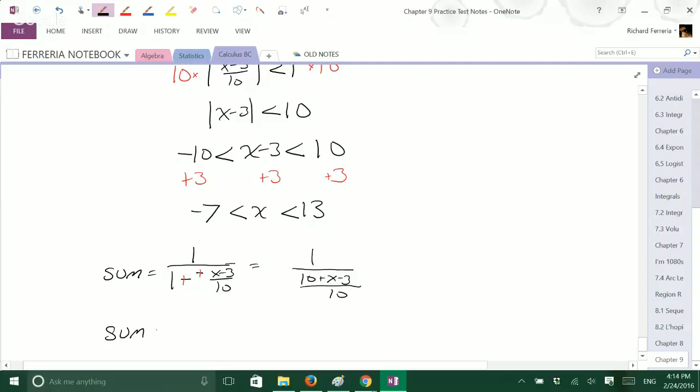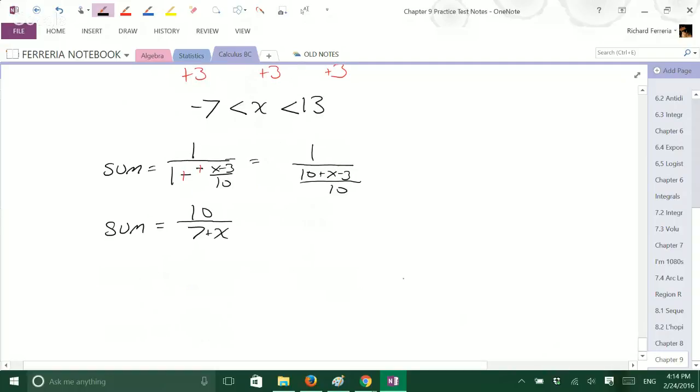And so the sum is equal to 10 over 7 plus x. The series converges for x between negative 7 and 13. Sweet. That is it for 5.